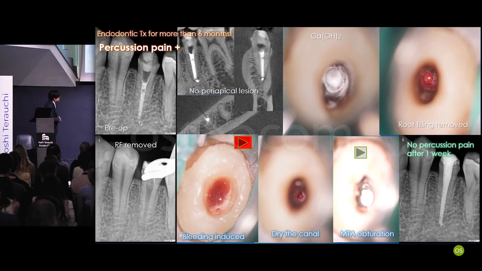This time extruded, because MTA is bioactive, and because MTA is bioactive, you can have PDL reformation very quickly. This is 1 week after I pressed MTA in the canal, and the patient was already asymptomatic.